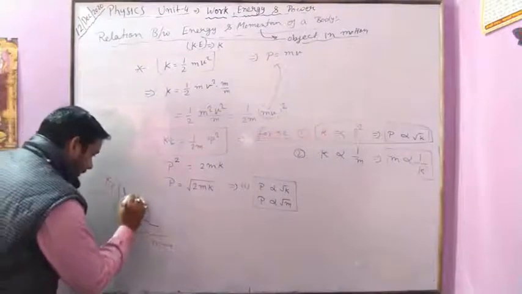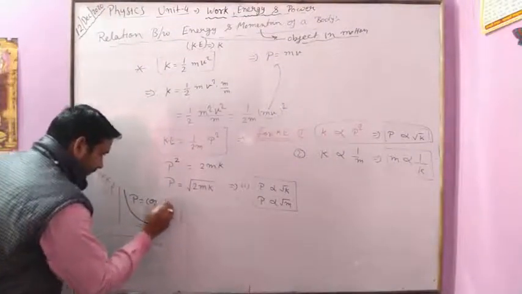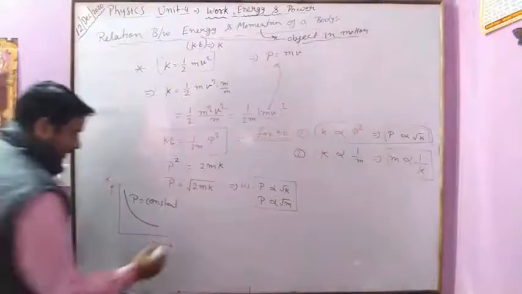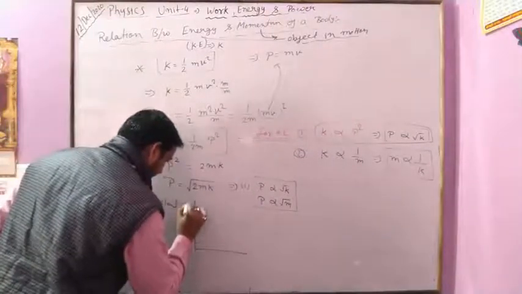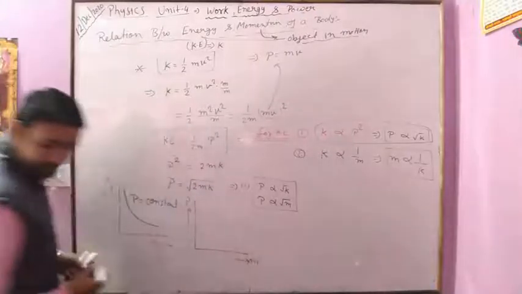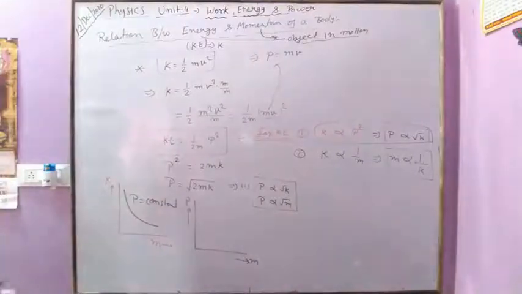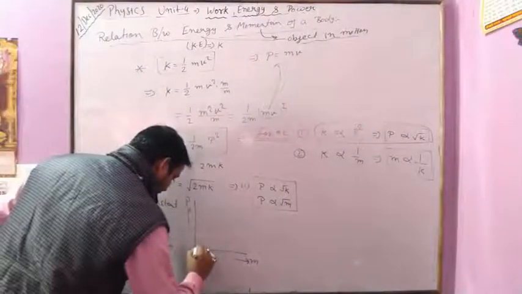This is for p constant. The second situation is, this gives momentum, this gives mass.